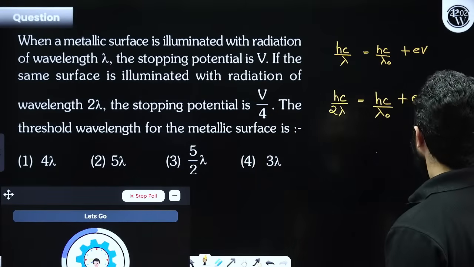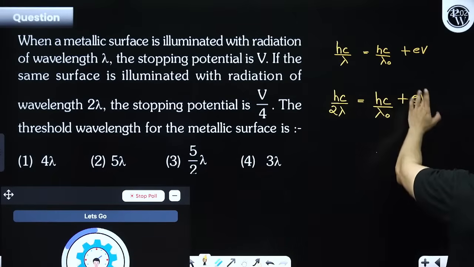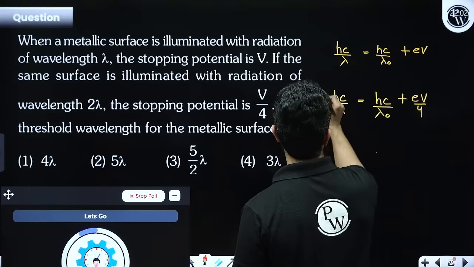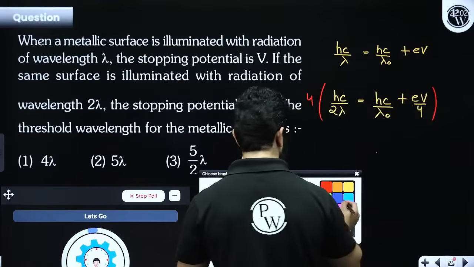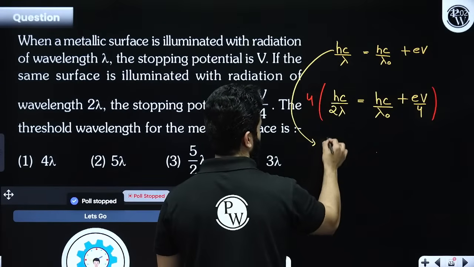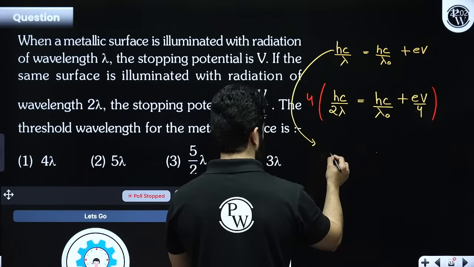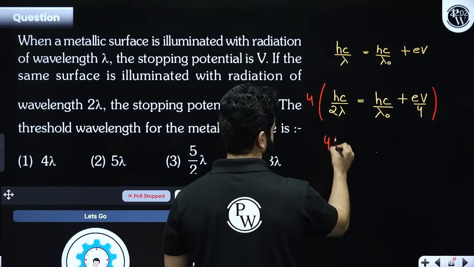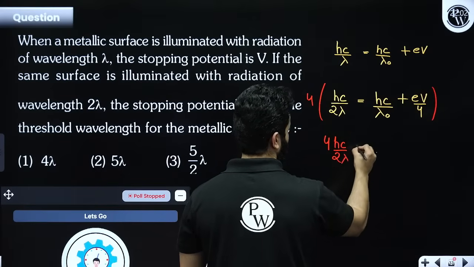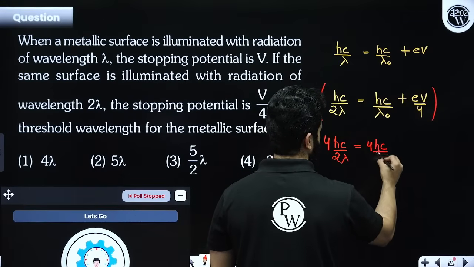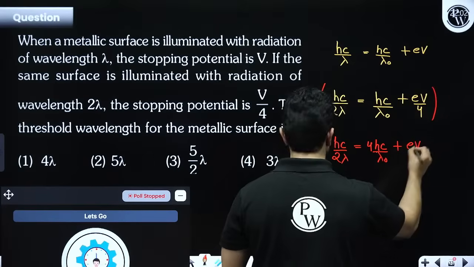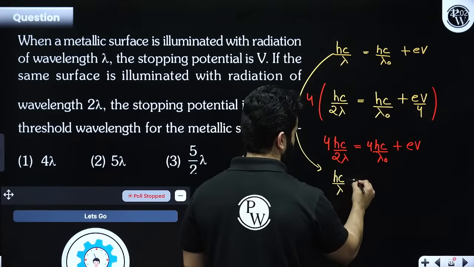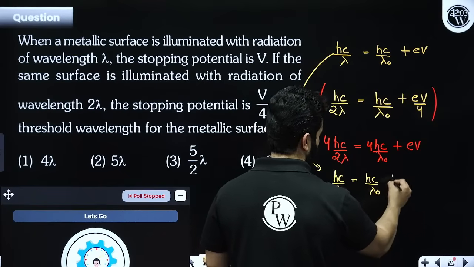Now, dosto, I really don't want this eV, right? So I can multiply this equation by 4, and then rewrite everything again. So I get 4 times hc by 2 lambda equals 4 times hc by lambda naught plus eV, and then I rewrite the other equation: hc by lambda equals hc by lambda naught plus eV.